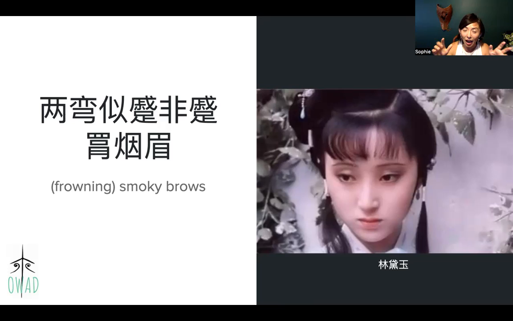But also it's hard to pin down the expression, like are you frowning or not frowning here? But the two arcs of the eyebrows are in this unsettled state of being, and that intrigues generations of readers of the story. Everybody would imagine what kind of eyebrows that is. So I simply translate it as frowning, with parentheses meaning we're not sure if it's frowning, and smoky eyebrows.